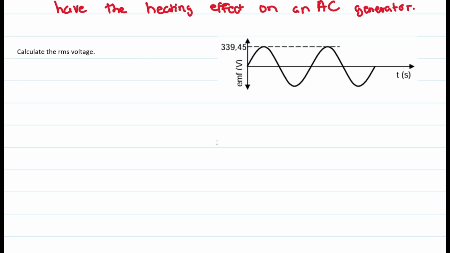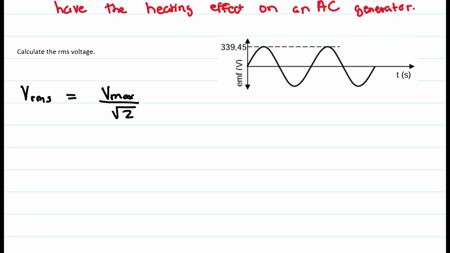Here's another question. It says calculate the RMS voltage. The RMS voltage is Vrms, and this has a formula. The formula for Vrms is equal to Vmax divided by the square root of 2.